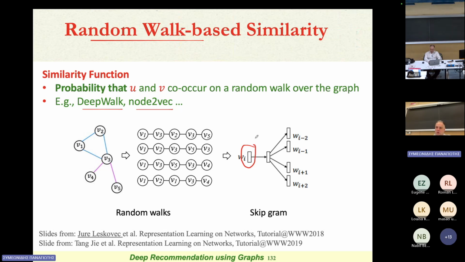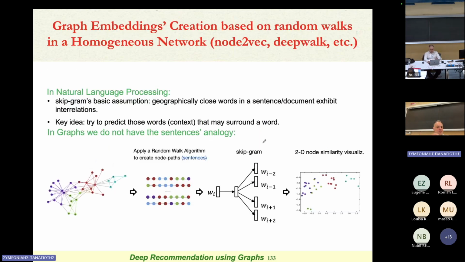So if I put a word, what words will be before this word and after this word, around this word. This is the skip-gram model. And in the end, you can have this information in the two-dimensional space. You can bring, for example, close users with items.